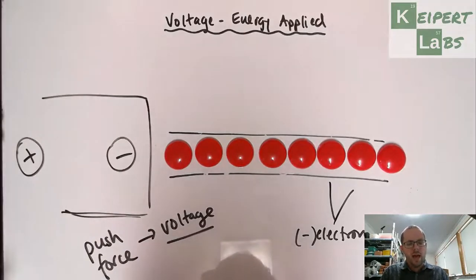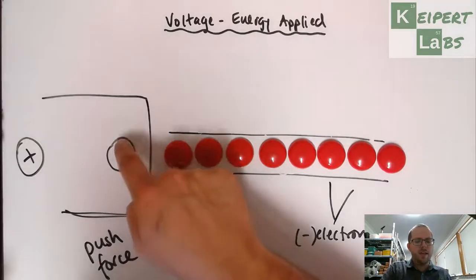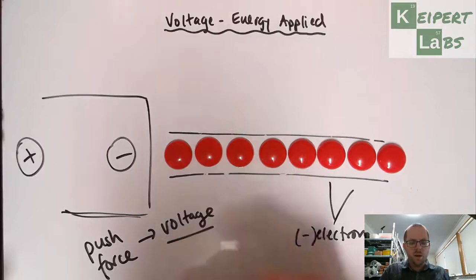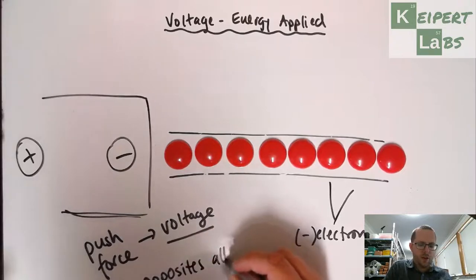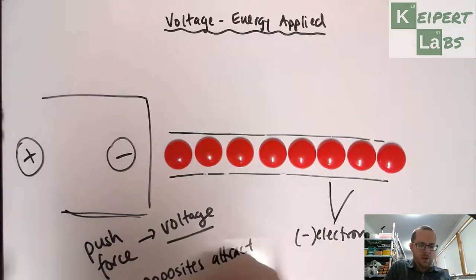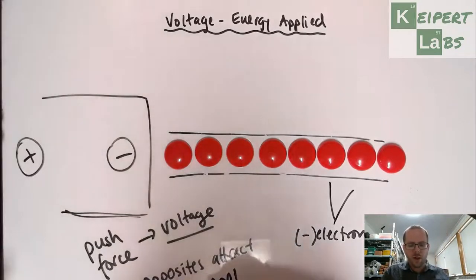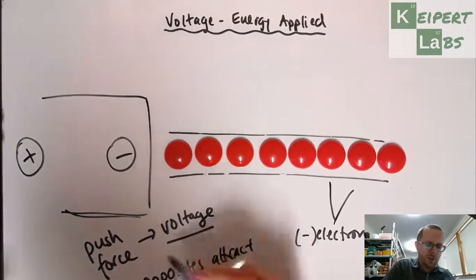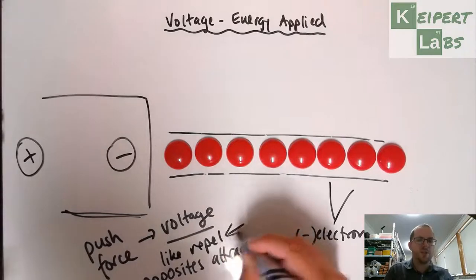So this bit has a negative charge. Each of these electrons is negatively charged. One of the things that we know is that opposites attract when we're thinking about charge, and like charges repel. Like charges repelling is the one we're particularly interested in here.